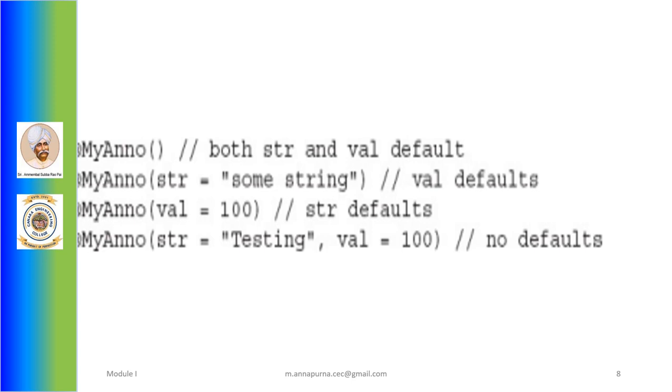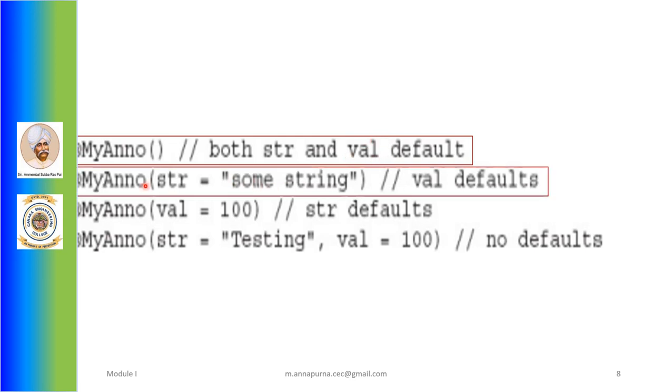Here are the following four ways in which @MyAnno annotation can be used. In the first declaration, we have specified neither a value to str nor a value to val. Therefore, both annotation members str and val use default values. That is, the default value of testing is used by str and the default value of 9000 is assigned to val.